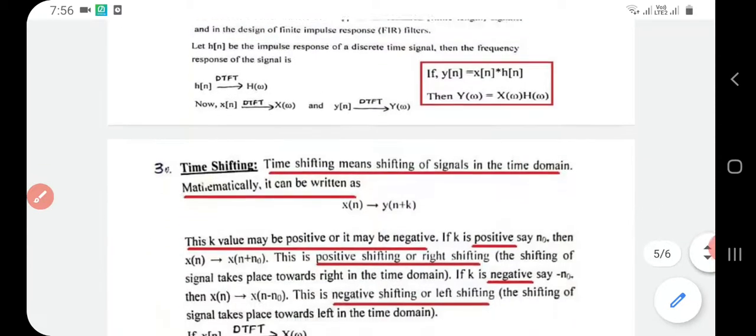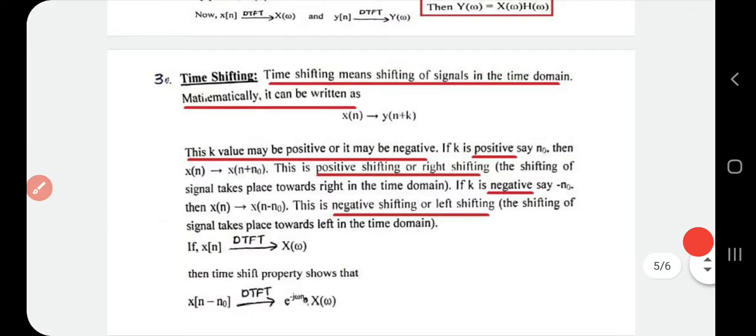Next one is time shifting. Time shifting means shifting of signals in the time domain. It is given by x of n equal to y of n plus k. Now this k can be either positive or negative. If k is positive, then we call it positive shifting or right shifting, that is, the signal is shifted towards the right in the time domain.